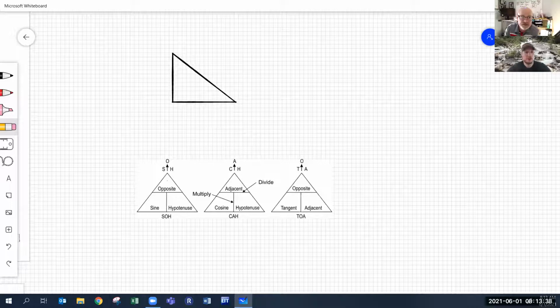Okay, let's do another example. So if I had this angle down here, and I don't know what x is, but I had a hypotenuse of 125 and a side adjacent of 37. I want to know what my angle is.